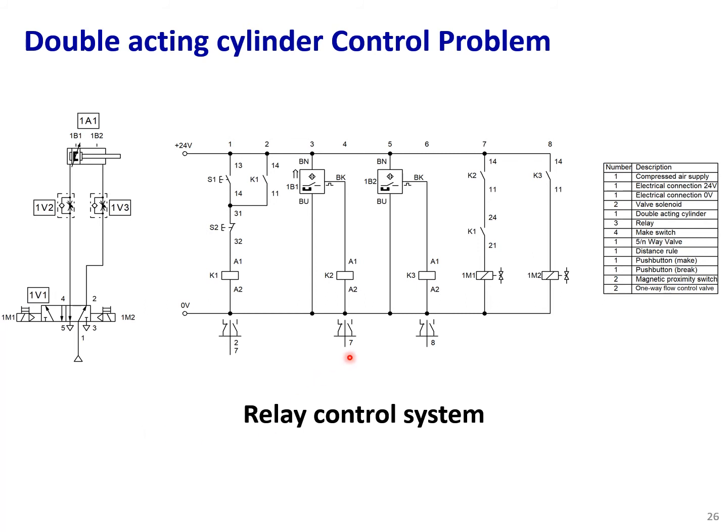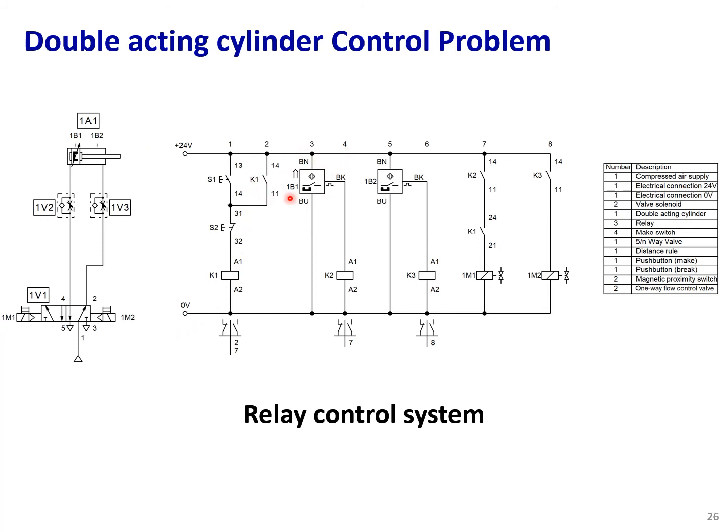You could replicate the same circuit. I will provide the circuit to you on Moodle, so you could learn from that example how you could add an electrical circuit, sensors and solenoids to your pneumatic circuit.